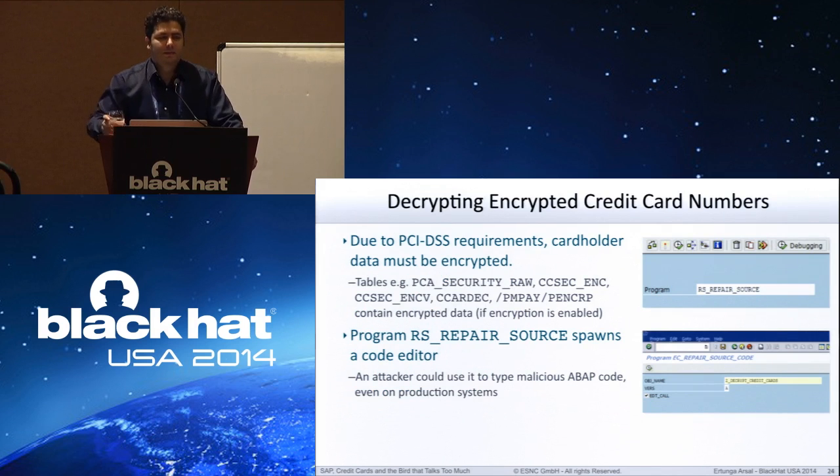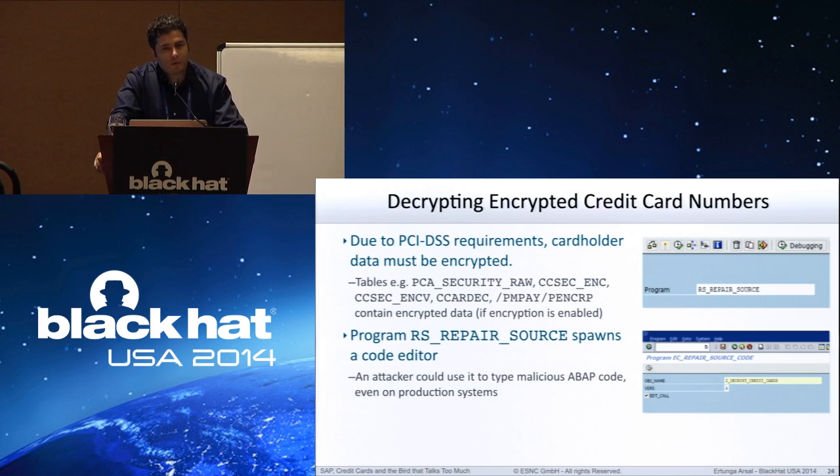So how about the data which is not in Cleartext, so the encrypted data? PCI DSS says we need to encrypt the data, right? There are certain tables in SAP where this encrypted information is stored.